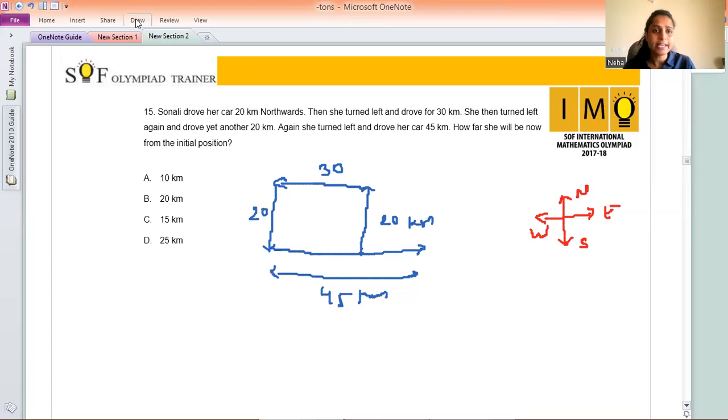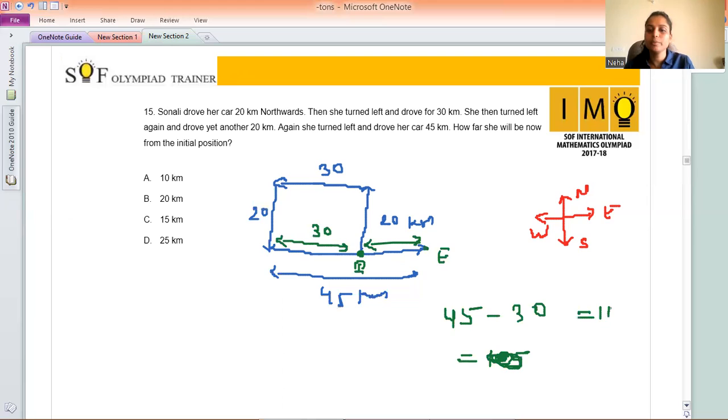This is her initial point, and this distance is 30 kilometers, and this whole distance is 45. So the remaining distance from the initial point to the end point should be 45 minus 30. That means 15 kilometers. So 15 km is your correct answer.